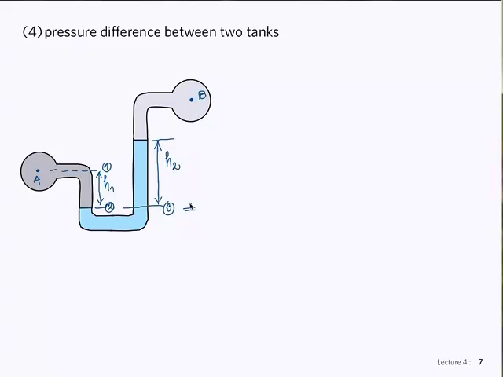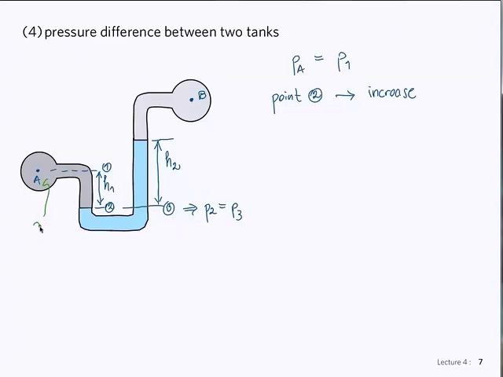We see from here immediately that P2 has to be equal to P3. Same fluid, same elevation equals same pressure. And P at point A is equal to P at point 1 because, again, same fluid, same elevation. To go to point 2, we need to increase pressure by H1 gamma 1.